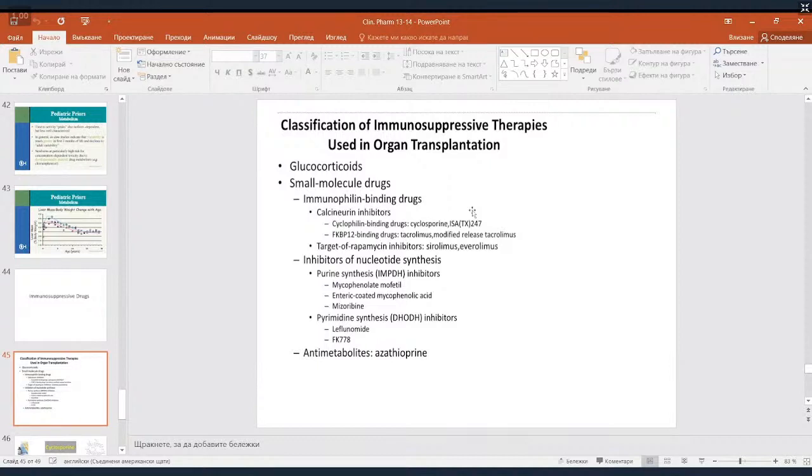If you have seen this abbreviation DES, this means drug-eluting stent. So a stent that elutes or releases drug. These drugs are usually mTOR inhibitors like sirolimus or everolimus.